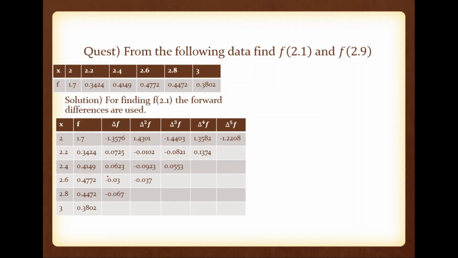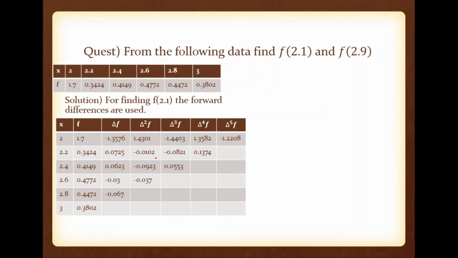Minus 0.03 minus 0.0623 is minus 0.0923. Minus 0.067 minus minus 0.03 is minus 0.037. So these are the second order forward difference. So by using this data, we have to find the third order forward difference.